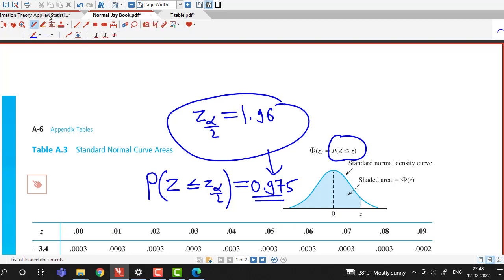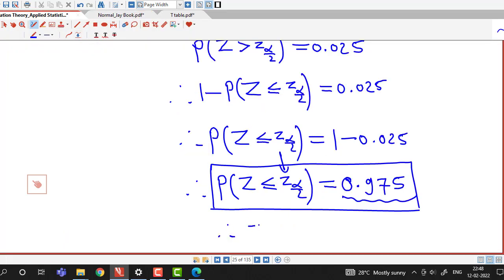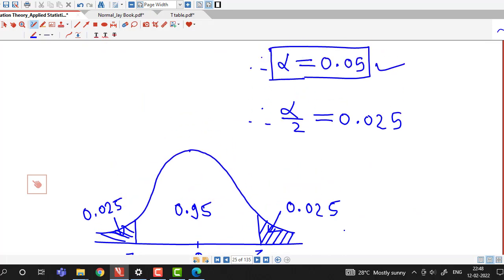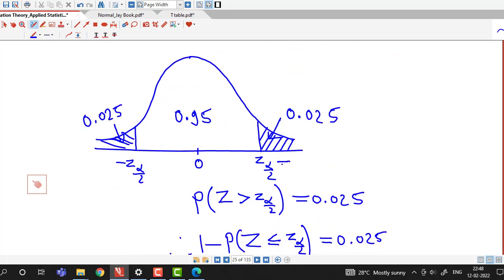So here we substitute z alpha by 2 equal to 1.96, and this value is 1.96 and this value is minus 1.96, and we can write this as z suffix 0.025 is equal to 1.96.